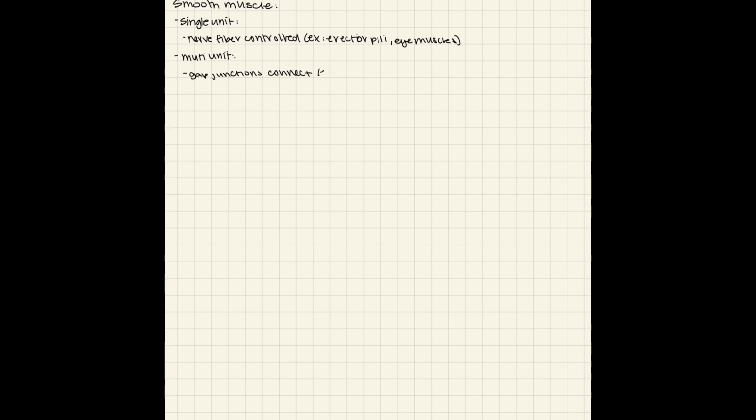Examples of these are peristalsis in the digestive system, which happens because of multi-unit smooth muscle cells. It happens in the digestive system, in your urinary system, like your bladder, places like that.